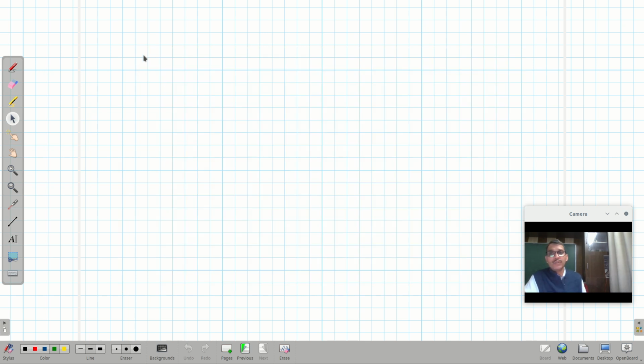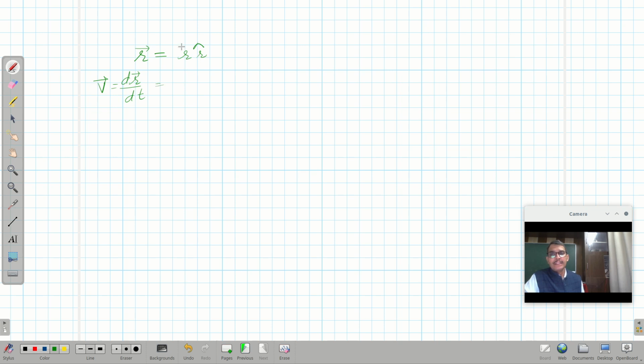As we know, this r vector is defined as r r cap, as we have derived in case of polar coordinates. From here, if I take the derivative of the r vector with respect to time, then it is the velocity.